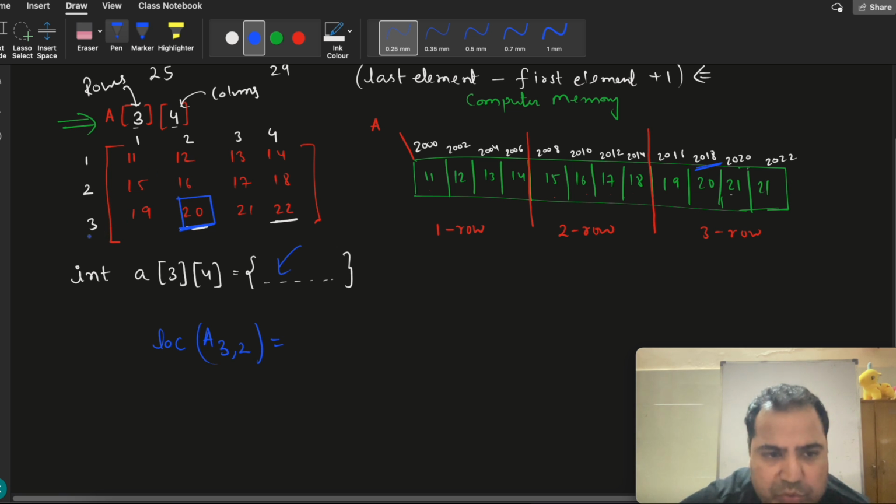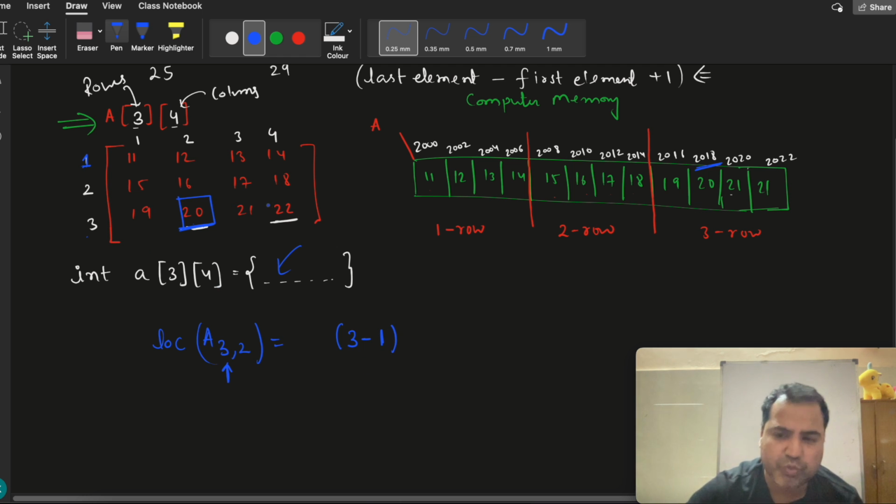Take the row position in which this element is. That position you will get from here, right? That is third. So take that row position 3, and then how many rows do you have to skip? I need to skip two rows. So what I will do? 3 minus 1, right?